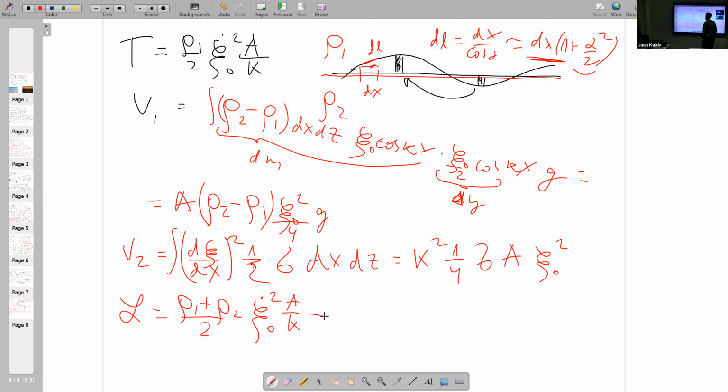And potential is A rho 2 minus rho 1, psi naught squared divided by 4 times g, and minus V2, which is now k squared 1/4 sigma A psi naught squared. Something like that.